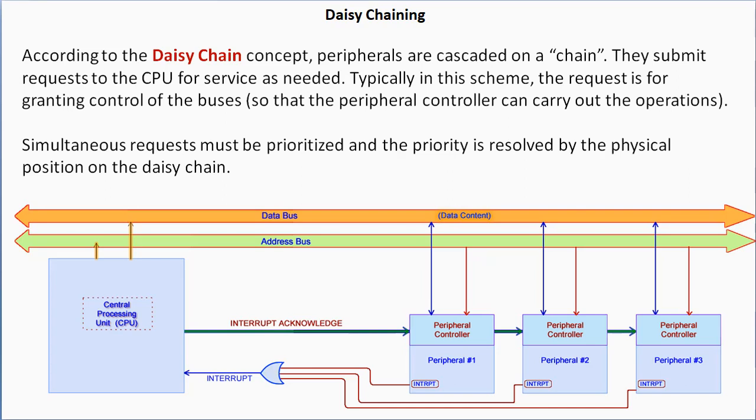Typically, in this scheme, the peripherals may have controllers which can carry out the needed service, so in reality, the request is for granting control of the buses so that the peripheral controller can carry out the operations, such as be able to access the buses or other resources as needed. Simultaneous requests must be prioritized, and the priority is resolved by the physical position on the daisy chain.